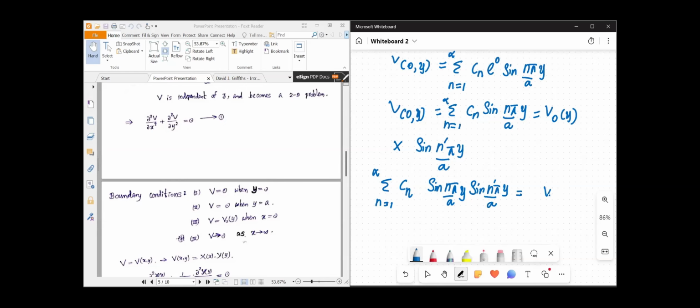On the other side we have V naught of y times sine n prime π y over a. Then we are also going to integrate from 0 to a with respect to y on both sides.